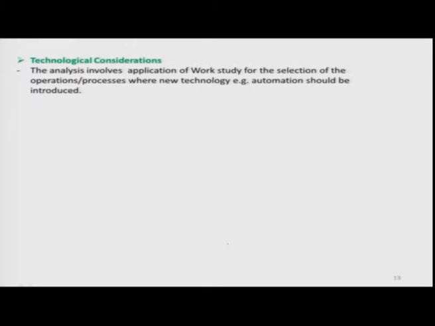Here, second one is technological consideration. After realizing that your work system design is going to be very cost effective, then you will have to go into the technical aspect and check. The analysis involves application of work study for the selection of the operation process where new technology, for example automation, should be introduced. Okay. Here, to continuously improve productivity of a system, automation is required.